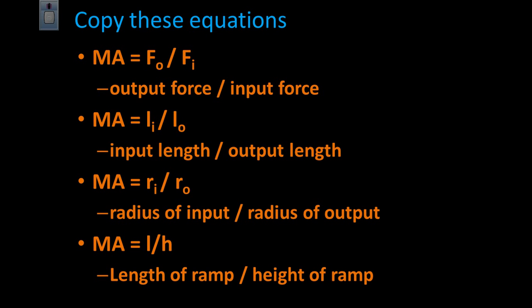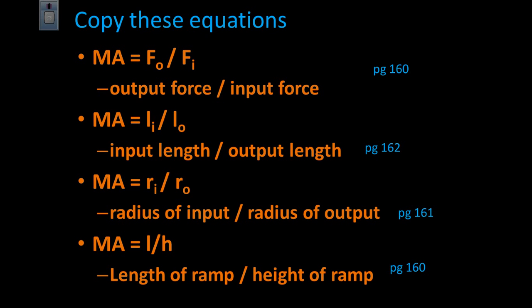And lastly, you will be calculating the mechanical advantage of an inclined plane, which is length divided by height. So the length of the ramp divided by the height of the ramp. Remember, height goes straight up and down, and length is the distance from the ground to the top of the ramp. Just so you're aware, I'm giving you these page numbers, which is where you will find these equations in your textbook.